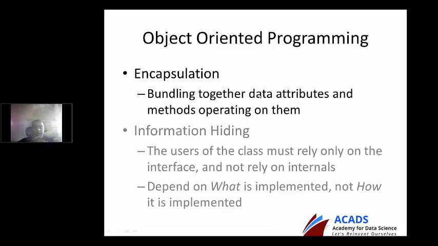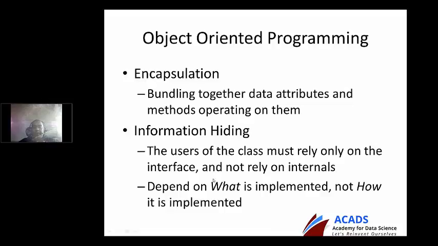And then in particular, we get information hiding. The users of the class must not use things which they are not supposed to. In the case of Python, it is again because of programming discipline. Certain other languages enforce hiding, but in Python you have to write your program such that you do not rely on internals, but just use the interfaces which the programmer has said are public.